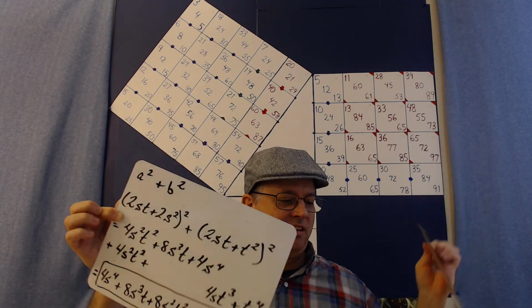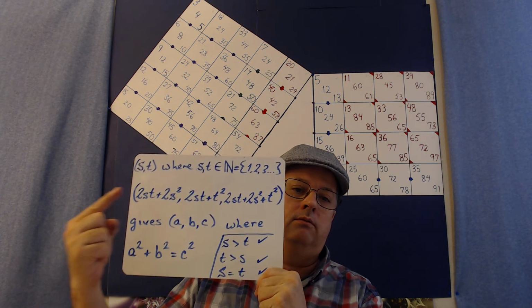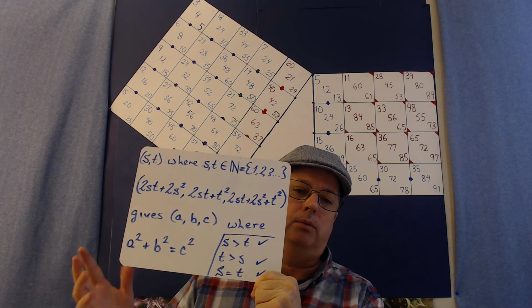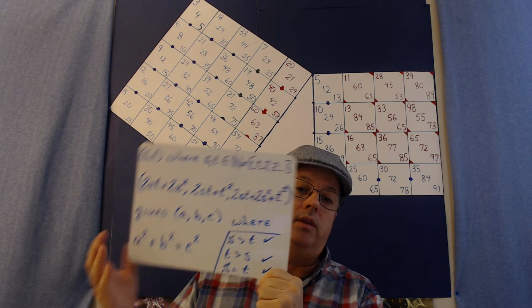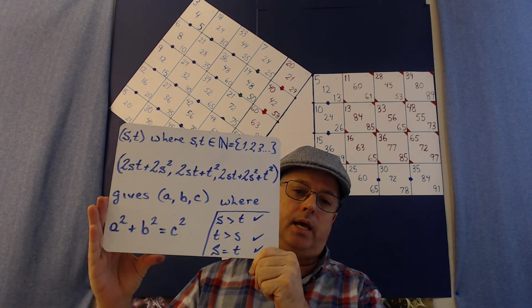All right. Okay, pretty cool. So now we have done what we set out to do, that this formula that generates Pythagorean triples is in fact a formula that does generate Pythagorean triples because it is a solution to the Pythagorean theorem.